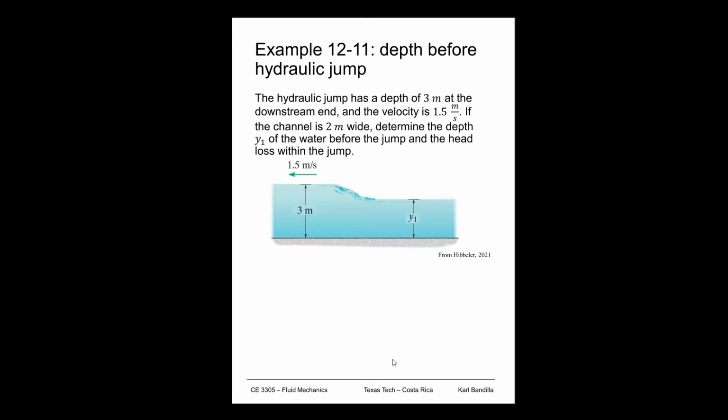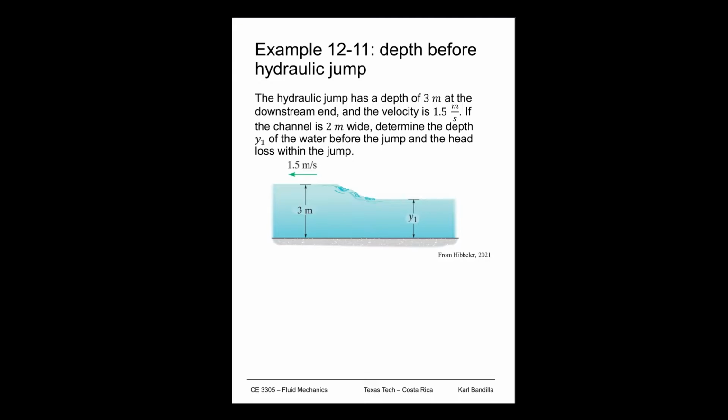This is example 12-11, the depth before a hydraulic jump, giving me the situation where we know the depth and the flow velocity after the hydraulic jump, and we're looking for the depth before the jump, and also what the head loss is within our hydraulic jump.